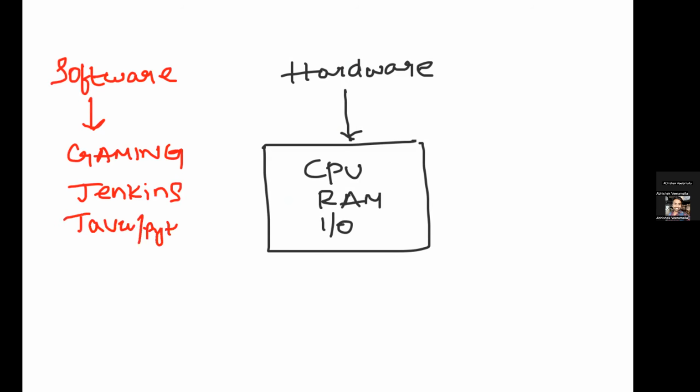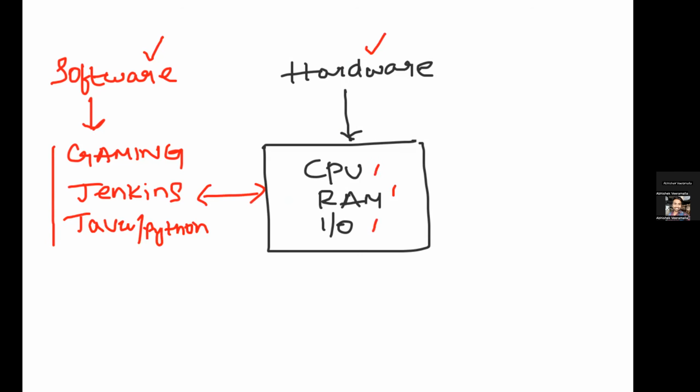So you are essentially running some software. You have a software application that you want to run against the hardware that you purchased. But you can't directly do it. Let's say as a user you install Jenkins and you want to execute your Jenkins pipeline. Jenkins cannot directly talk to the CPU or RAM or the IO.